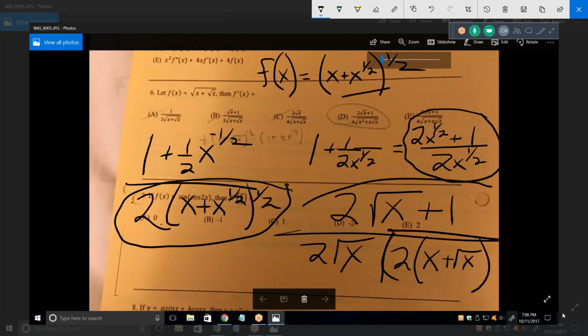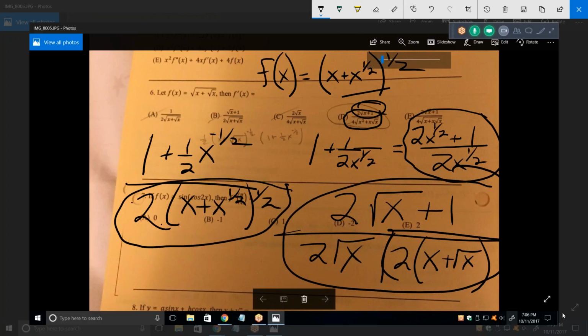So there's what we're looking for. So my numerator looks like that, right? My denominator looks like this. Doesn't quite look like that, but I can certainly see where they get the 4.